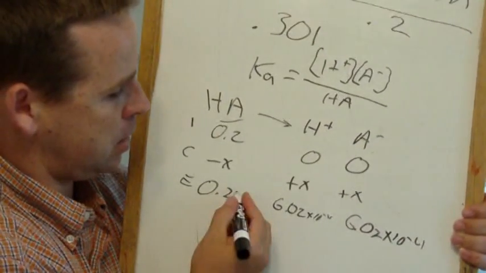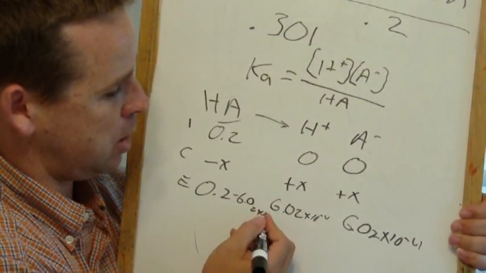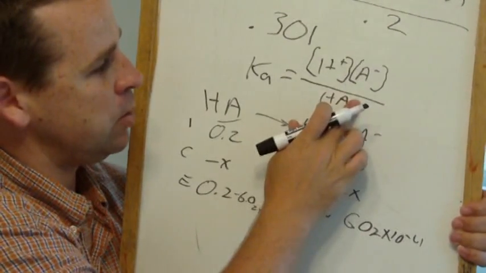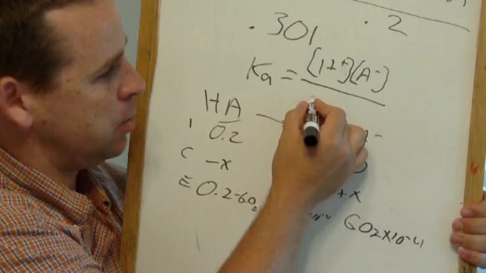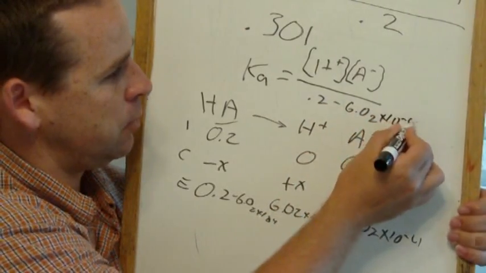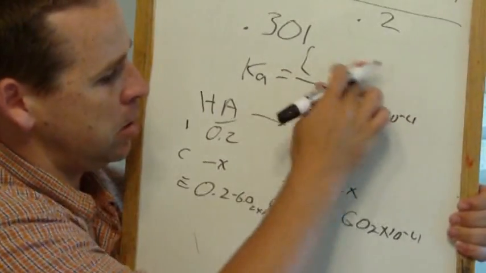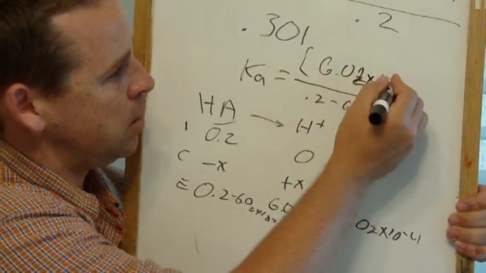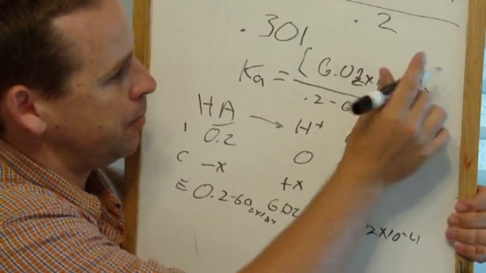And this is minus 6.02 times 10 to the minus 4. Right? So we can put those values into here, and we know that this is 0.2 minus 6.02 times 10 to the minus 4, and that this up here is 6.02 times 10 to the minus 4 squared, right?